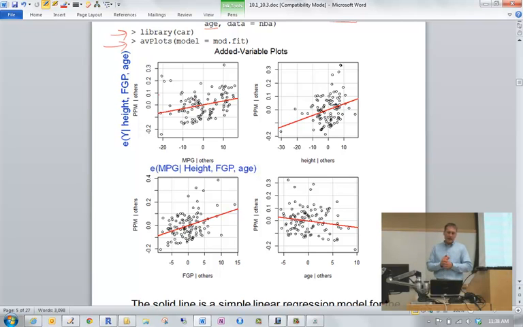And then on the x-axis we have the residual using MPG as the response, and height, field goal percentage, and age as the predictor variables. And again, what we're looking for in this plot is whether there are any particular kinds of trends.